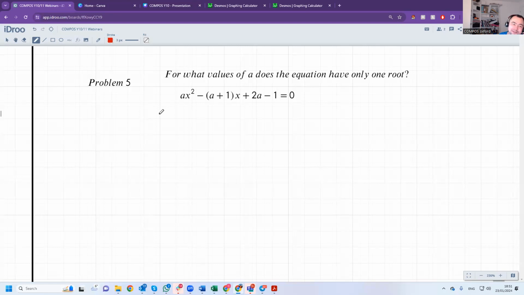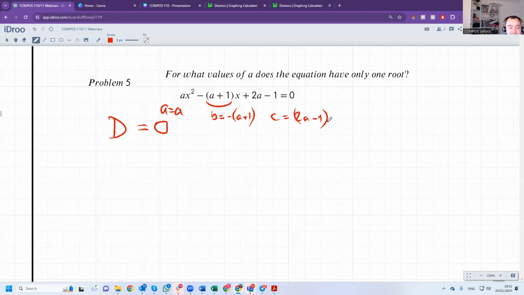Okay, so it's a quadratic equation. It has only one root if the discriminant is 0. You can see that A is a, B is minus a plus 1, and C is 2a minus 1. So it's a quadratic equation with these coefficients.